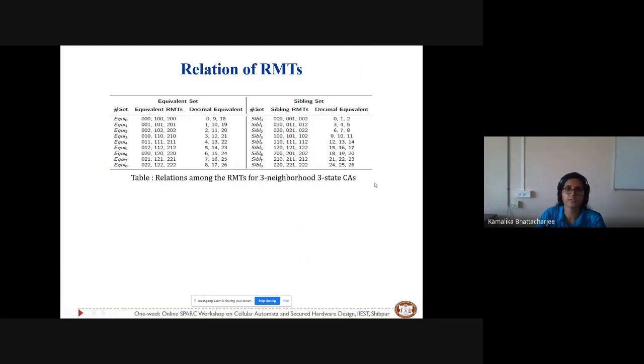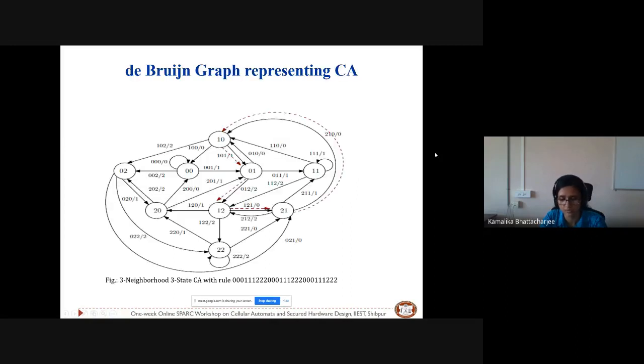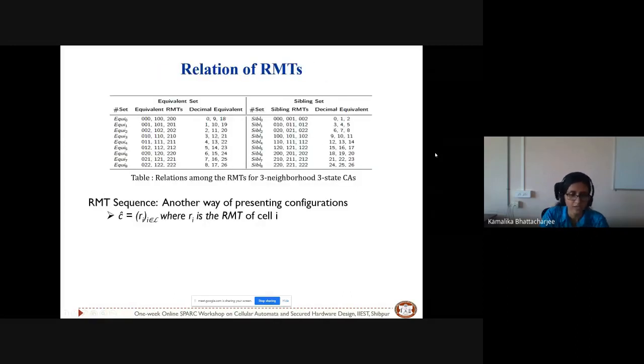If we see the equivalent identity and sibling identity, there is some relation. For each of the equivalent identity sets, the next identities to be generated out of it will be the corresponding sibling identity set. So if we take, say, Equi-i, the next identity in the sequence to be generated will be Sibl-i. Now, I was talking about a sequence. So what is this sequence?